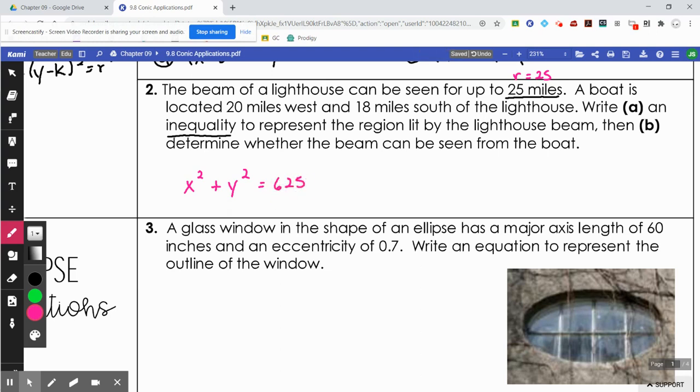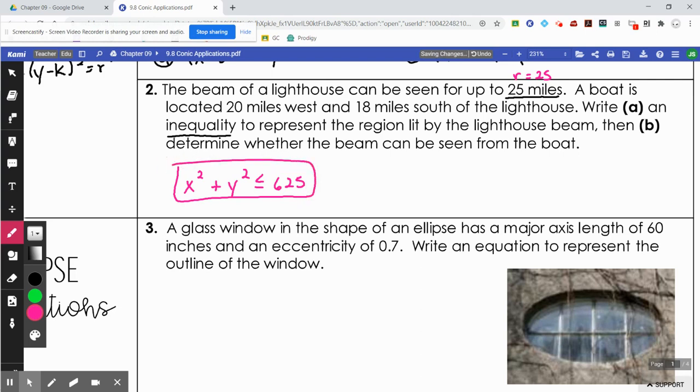However, the beam can be seen everywhere within that region, not just at exactly a radius of 25, but even smaller radii, when the radius is 24, when the radius is 23. So x² + y² ≤ 625, where the radius is 25 or smaller, is going to be all the places that you can see this light.